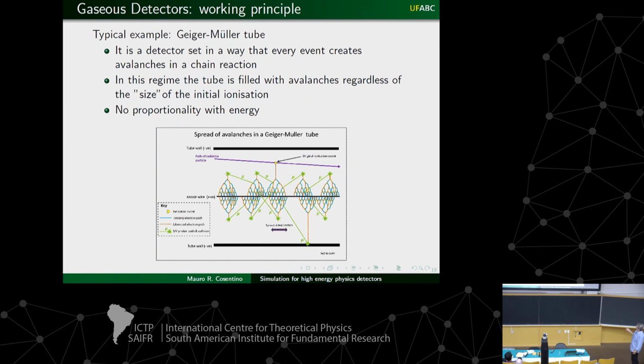But here, in this configuration, when this happens, the process in the gas emits ultraviolet photons, and these ultraviolet photons create secondary electrons here and here and here, and then you have the avalanche all over the wire. This is not very useful for, for example, energy measurements.